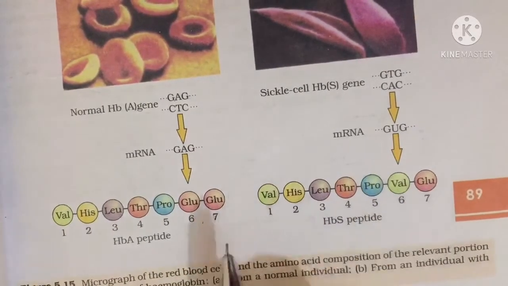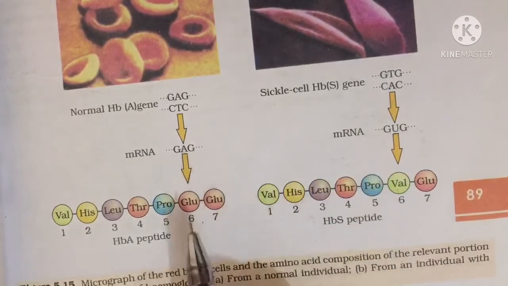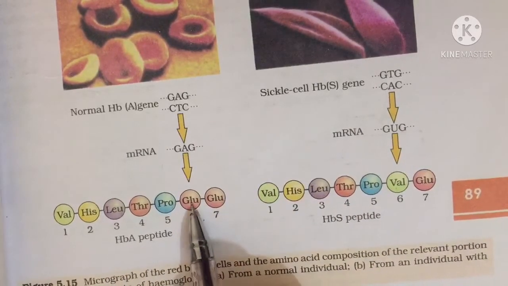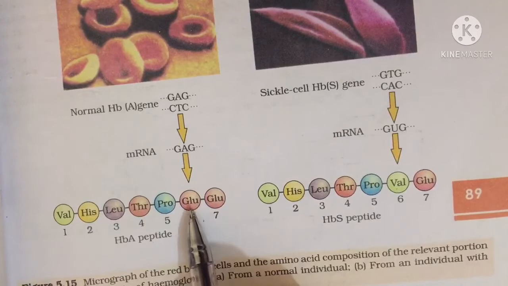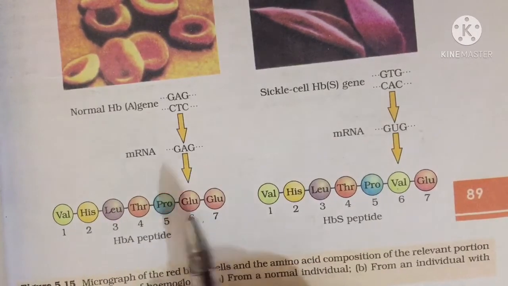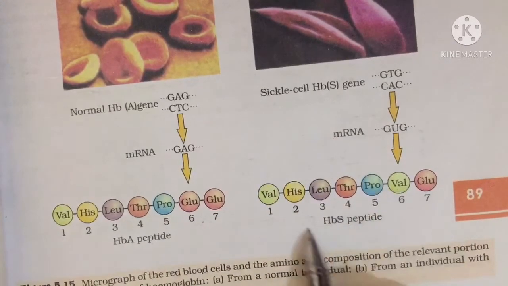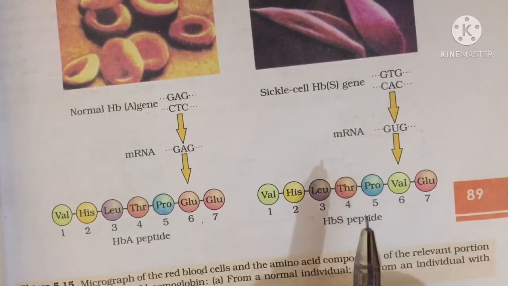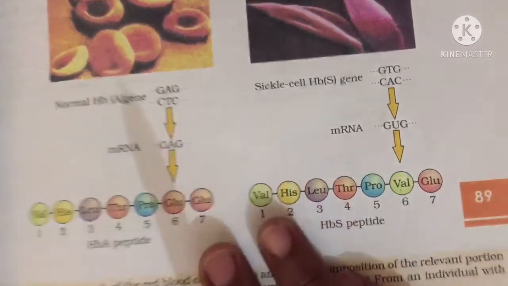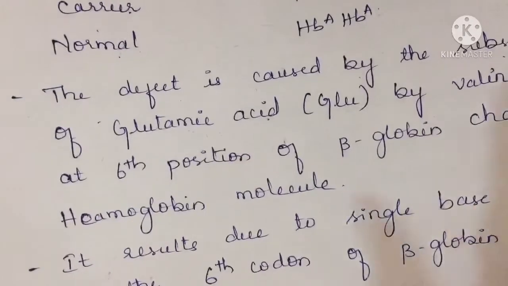The 7th one is glutamic acid, same as it is. So what does it say? At the 6th position of the beta globin chain, glutamic acid is replaced by valine in sickle cell anemia. Understood? So I shall show you my note of what we have said here.